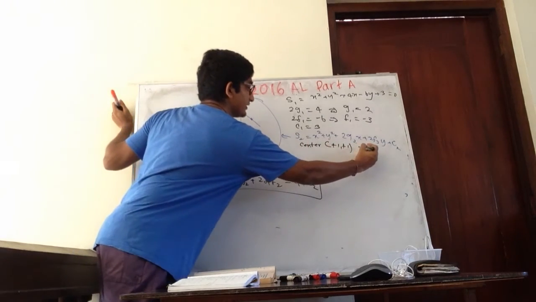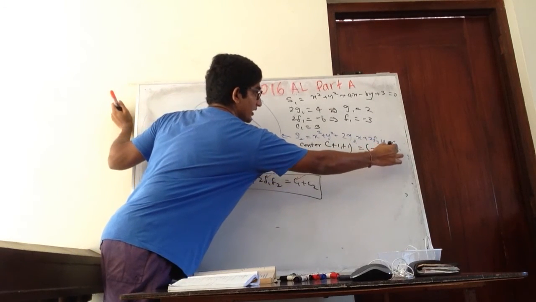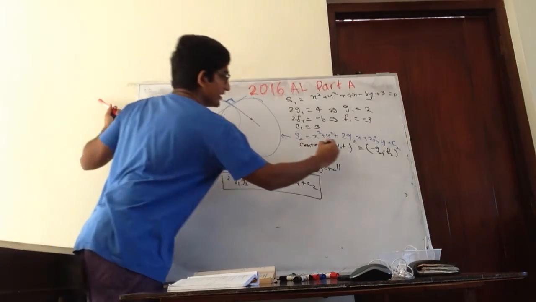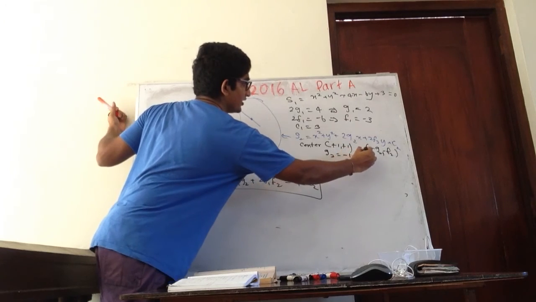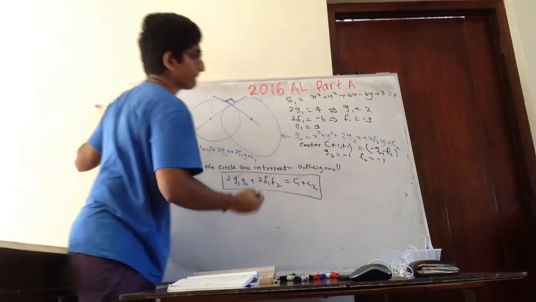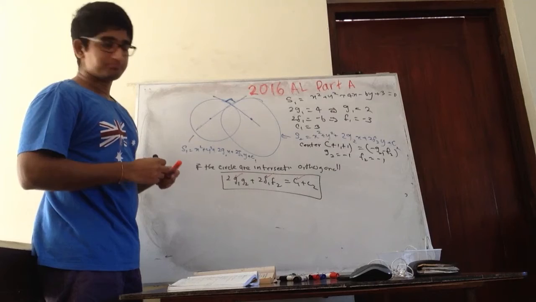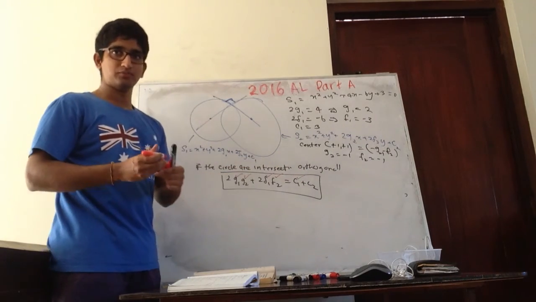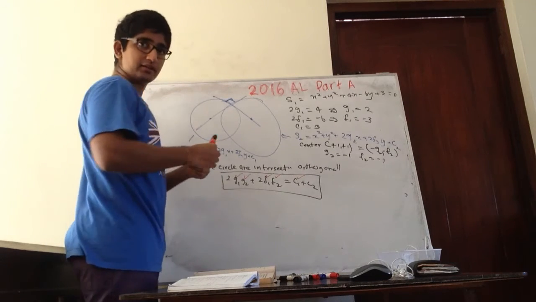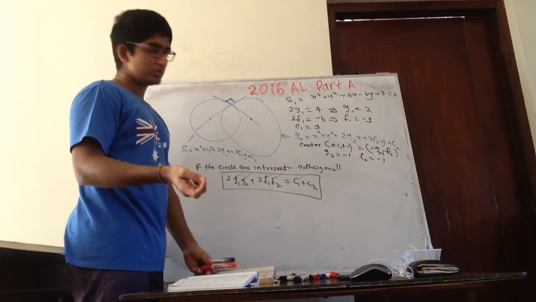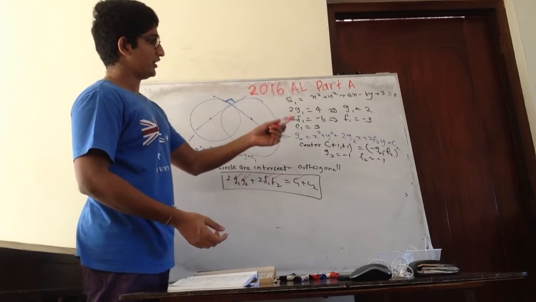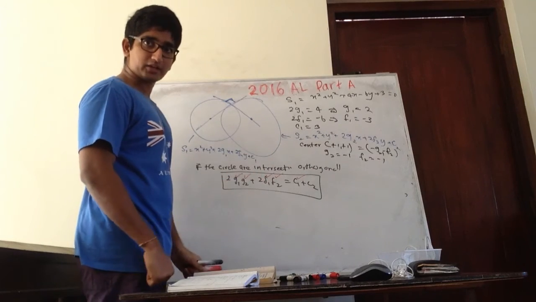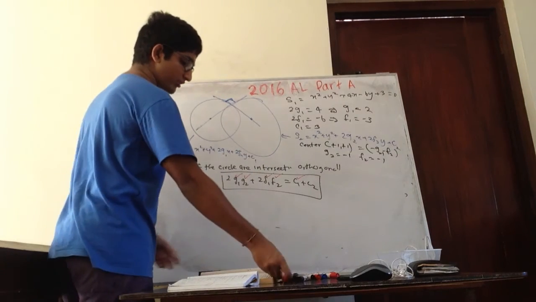And the center can be written as minus g2, minus f2. Right? Then basically g2 is minus 1, f2 is minus 1. Correct? So now we know g2, f2. So now we can find c2. If I know all this, we can find the equation of S2. Correct? So now let's find it out.